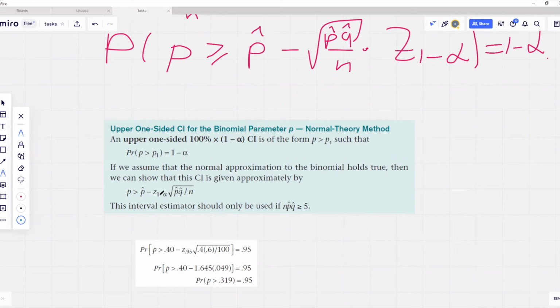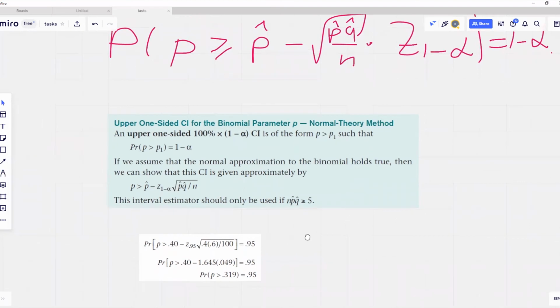So you will have your point estimate minus critical value multiplied by standard error. In all other cases, all you have to be careful about is this critical value. When we're building two-sided confidence intervals, you would use Z 1 minus alpha over 2. This time for upper one-sided confidence interval you would use Z 1 minus alpha.